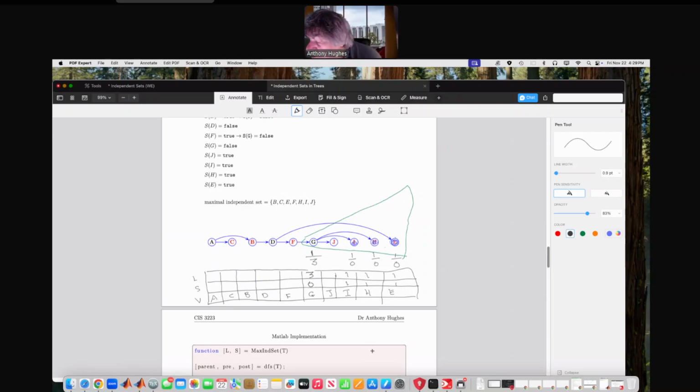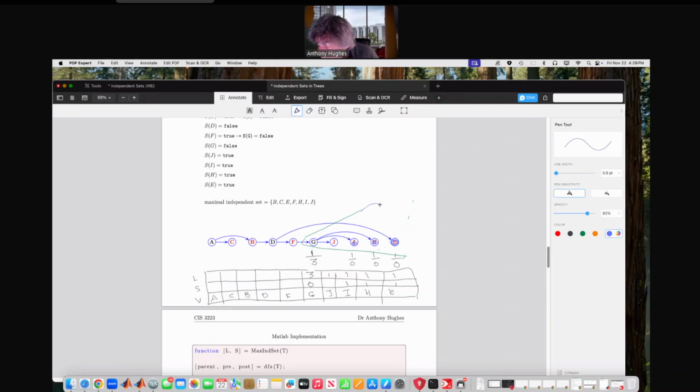What's J? Oh, J is 1, 2. G has children J, I, H. Yeah, it's 3. Okay. I should make sure I got the tree correct. There's my green.